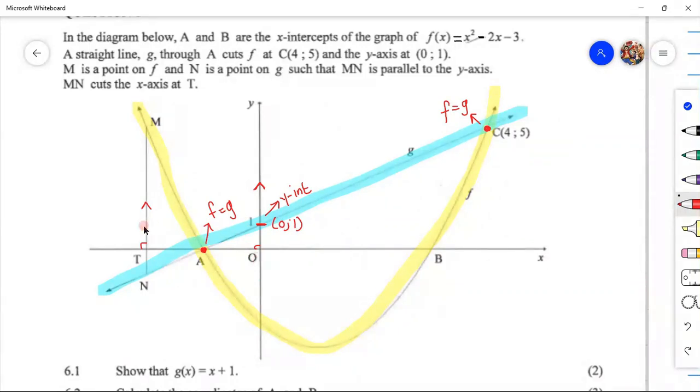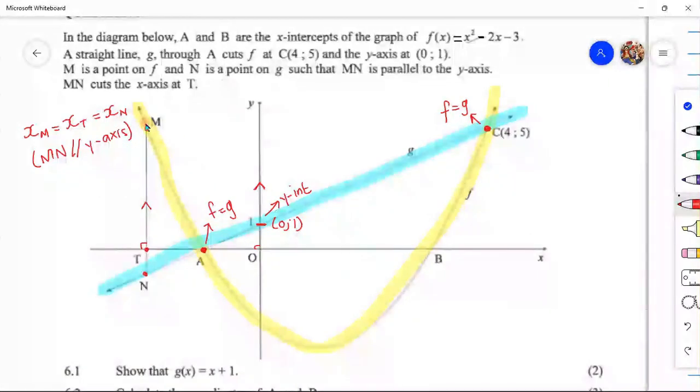So because of that, we can make a statement: the x value of M equals the x value of T equals the x value of N, because MN is parallel to the y-axis.